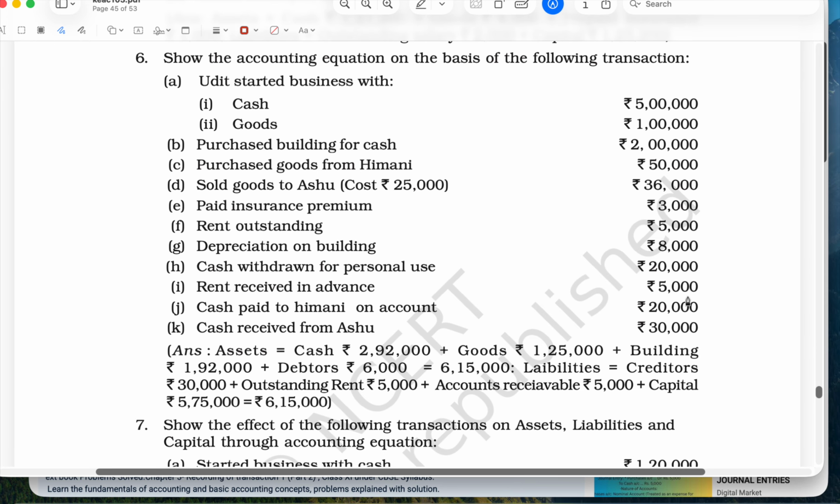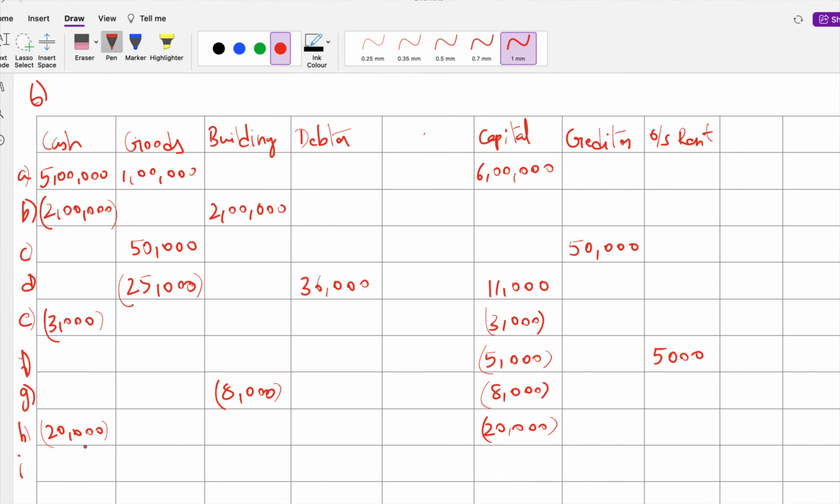So how much is that? 5,000. So rent received, cash is coming in. So rent received in advance is a liability. Advance rent. So we'll write it here.